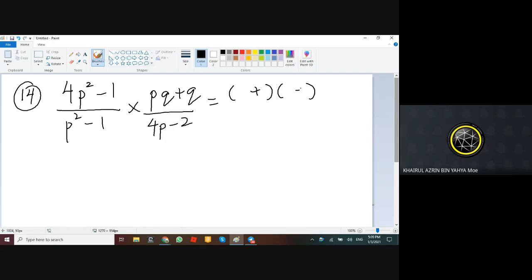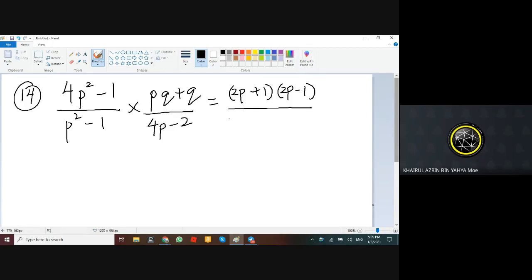Okay. 4P square, 4 is 2 times 2, P square is P times P. 1 is 1 times 1. Okay. Divide with P square minus 1. Again, this one also we can factor.